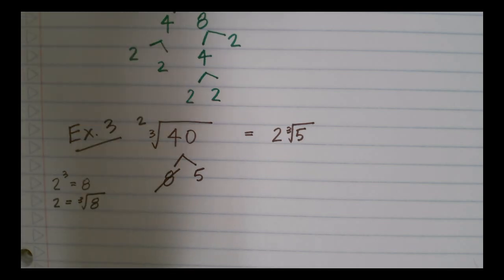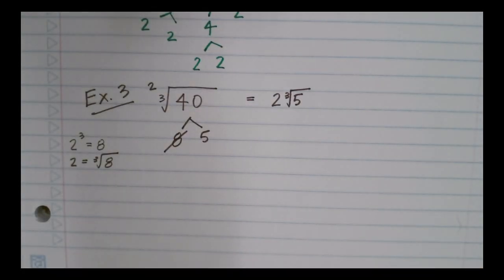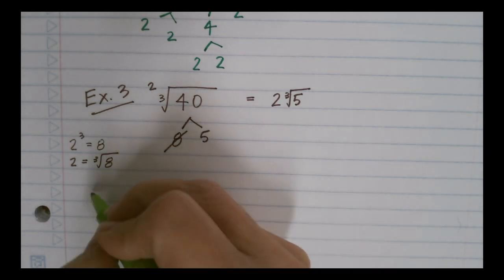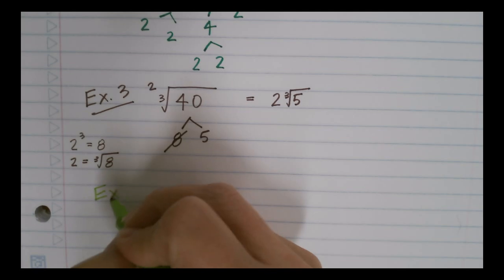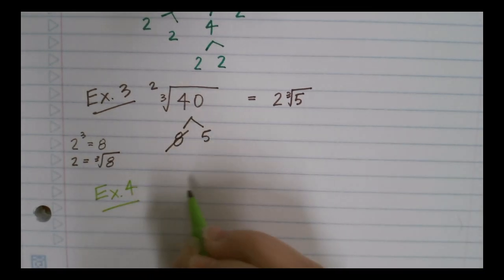All right, last thing I want to mention is what happens with our variables, which again is very similar to what happens when we're simplifying square roots. We need 3 of a kind in order to come out.